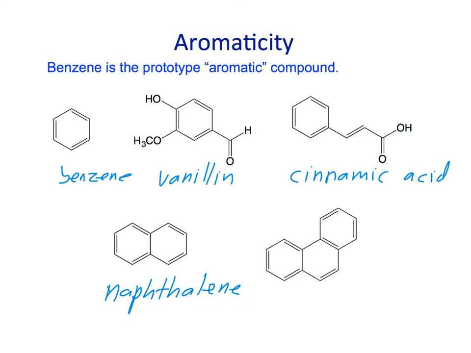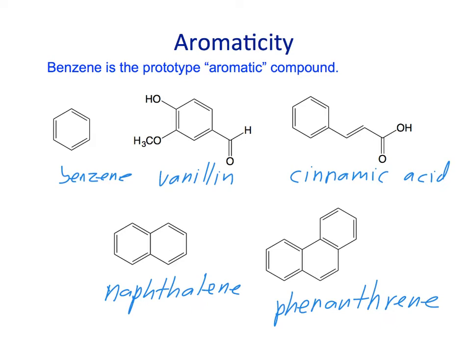And this bigger one over here is called phenanthrene. Okay, and they can get even bigger, these kind of polycyclic aromatic compounds. As you would notice, each of the carbons around these rings, they're all sp2, they all have p orbitals, and so we have this big system of sp2 hybridized carbons.